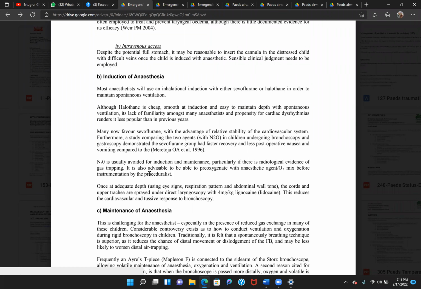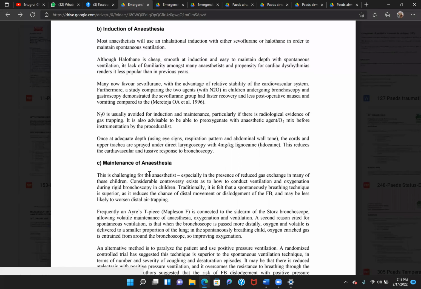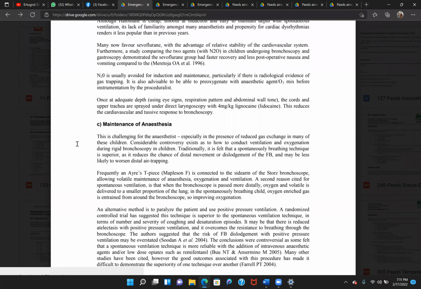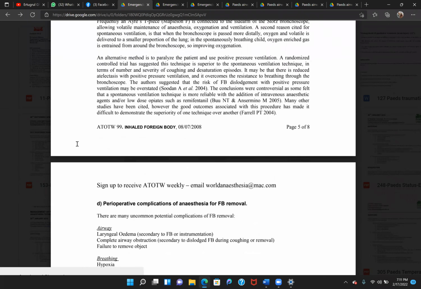So this is what you will be using. In the same scenario, you will be using steroids, and you will be expecting that, because of excessive manipulation, the patient will have postoperative cough. Okay. So you will be using some lidocaine, or some nebulization with normal saline, or if there is some reactive bronchospasm, you will be dealing with some bronchodilators according to the situation. Okay.